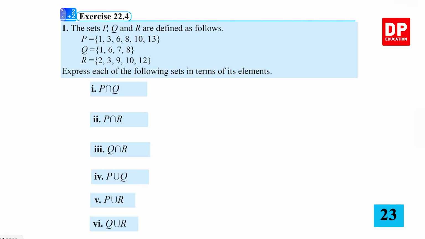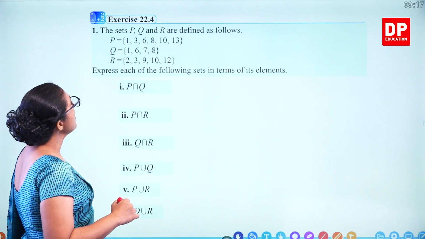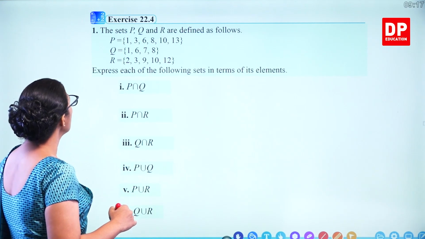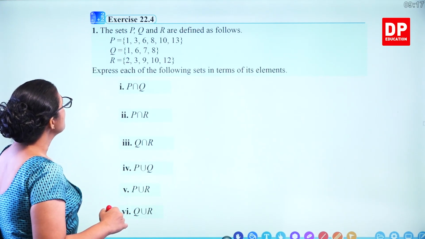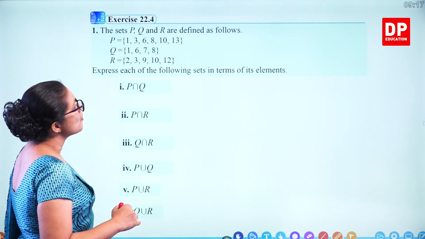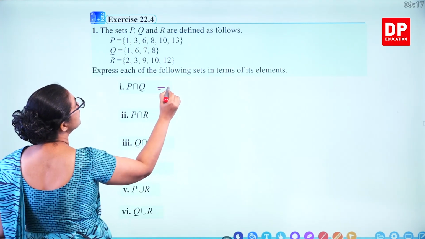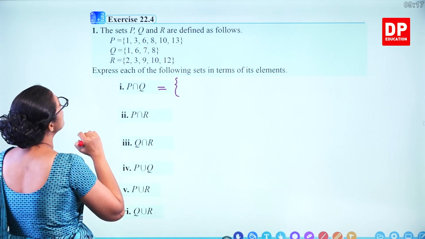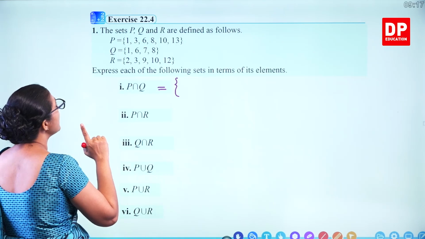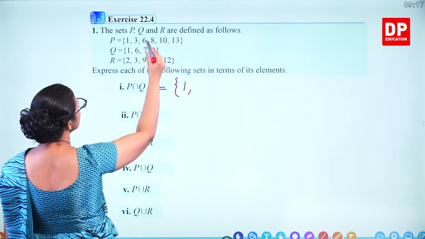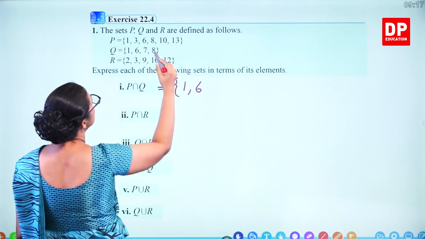Exercise 22.4. The sets P, Q and R are defined as follows. Express each of the following sets in terms of its elements. P intersection Q. That means common terms for P and Q. 1, 6, 8.